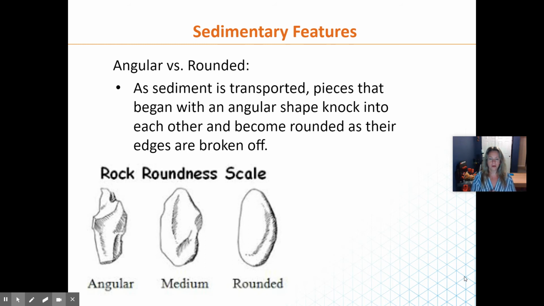So if we were to come across rocks like this, we would know how they weathered. Rounded tells us there's flowing water. Angular tells us that it was gravity. So what we found on Mars is that there's a lot of rounded rock and there's a lot of ripple marks. So what does that tell us? If we see ripple marks and rounded rocks, it tells us there used to be water.